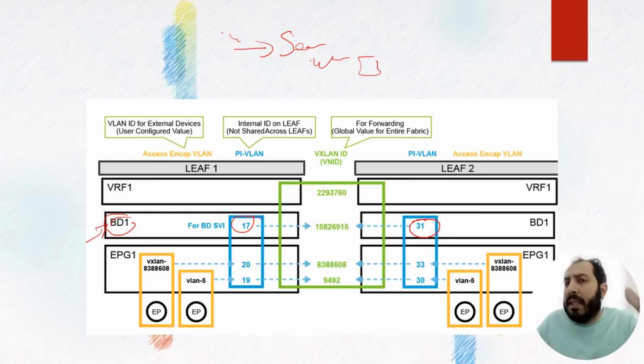This external VLAN tagging is the same traditional .1q tagging that you're using in the traditional environment. However, when it goes inside the Cisco ACI, it needs to be mapped with the protocol independent VLAN.